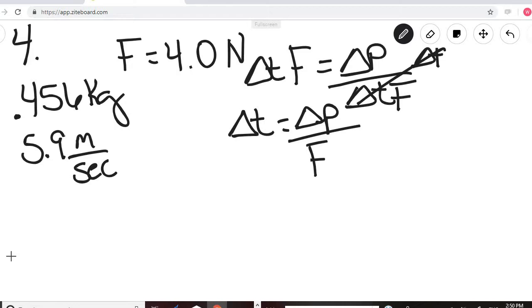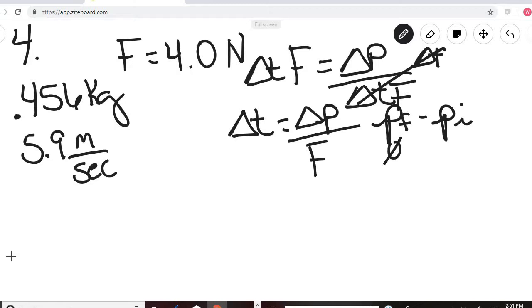Okay. So now we know that delta P is the final minus the initial. Well, this problem says how long does it take to stop the clay? So that means that the final velocity is going to be 0, and therefore this will be 0.